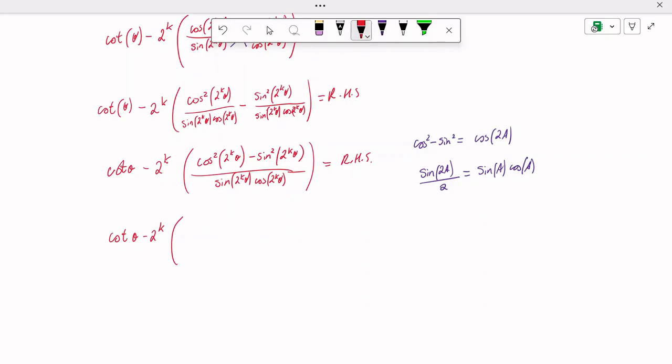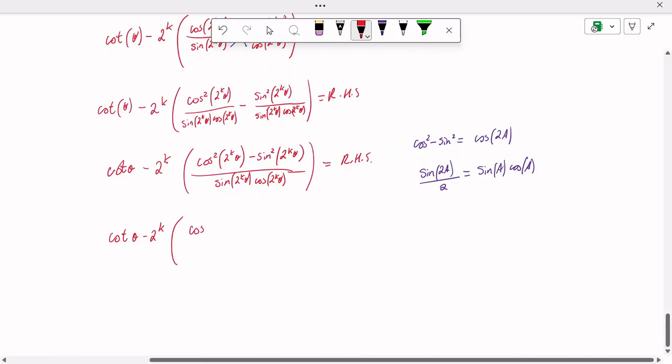So now I'm going to go, okay, cos of 2 theta, so that's going to be like cos of 2 times theta, and theta is 2 to the k theta. Sine of 2 theta, theta is 2 to the k here. Now that's divided by 2.